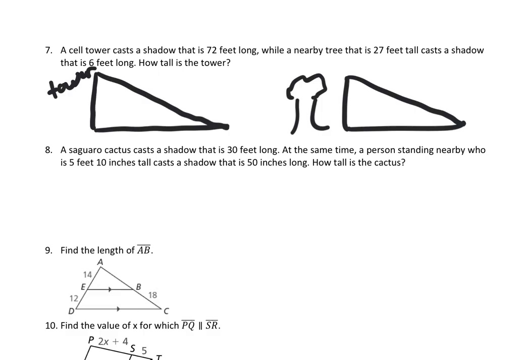The cell tower has a shadow that's 72 feet long. The tree is 27 feet tall, has a shadow that is 6 feet long. We're trying to find the height of the cell tower. Labeling and drawing a picture, I think, is really, really helpful here, okay? And so I would highly encourage you to do that. Trying to do it without the picture could be a little bit more difficult.